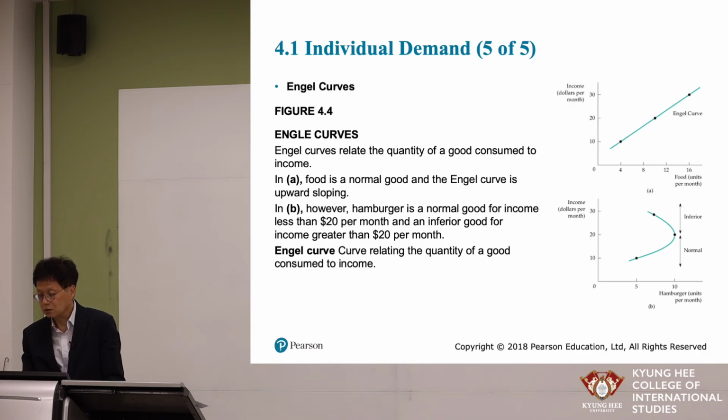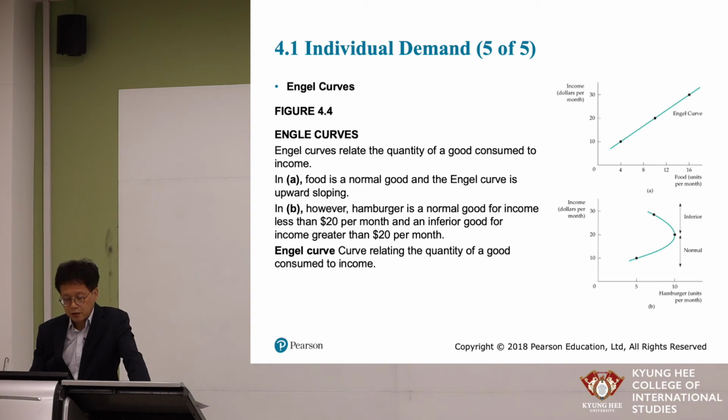This one is income and demand for food, right? So this point is equivalent to point A of the earlier graph, and this point has a one-to-one relationship with point B of the earlier graph. And this point has a one-to-one relationship with point D of the income consumption curve of the earlier graph, isn't it? So that is the Engel curve. Okay?